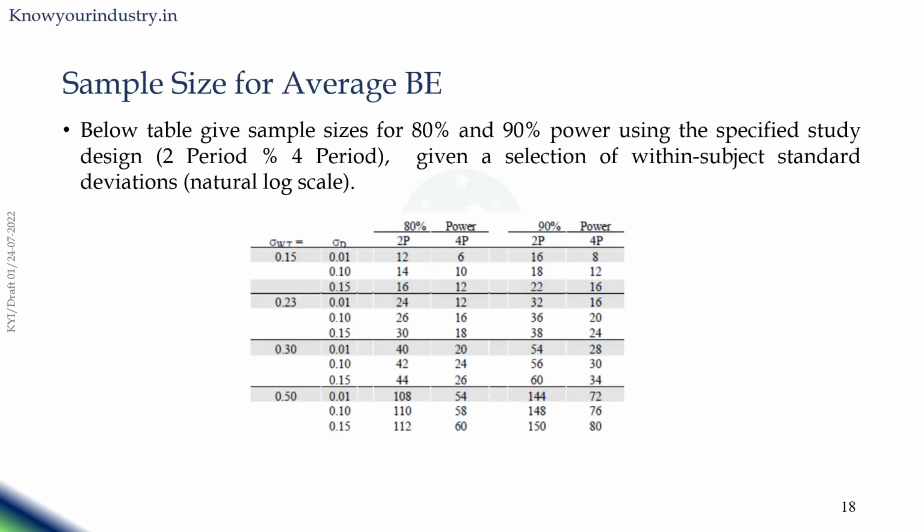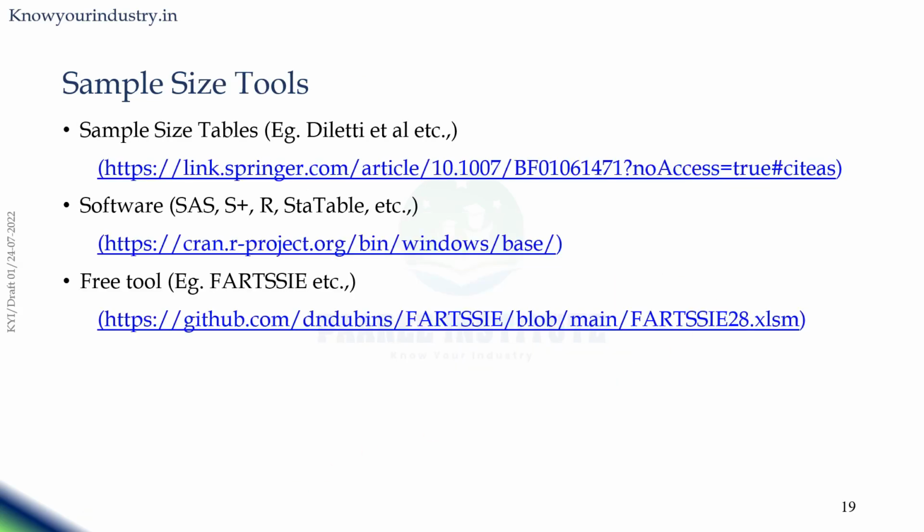This particular slide shows the sample size calculation for the average bioequivalence study using the tabular format given in the published literature. Here you can see the variations, T/R ratio, and the power based on which the sample sizes are being calculated for a 2-period and 4-period study. In this slide, we are seeing the different literatures or different tools used for the sample size calculations for the bioequivalence study.